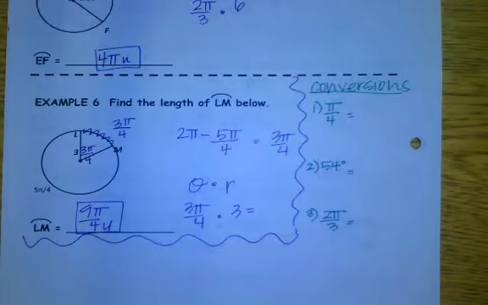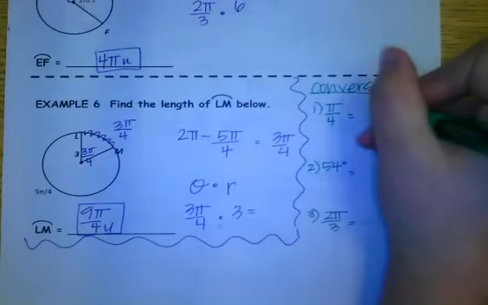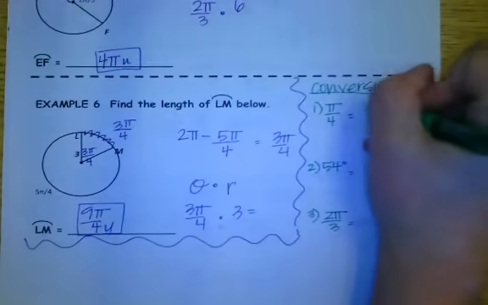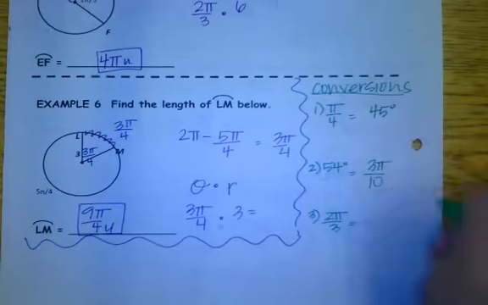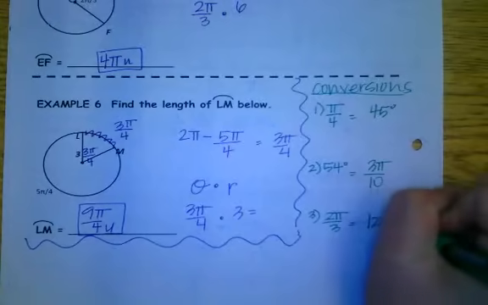Alright, what did you guys get for number 1? 45 degrees. Number 2, 3 pi over 10. And number 3, 120.